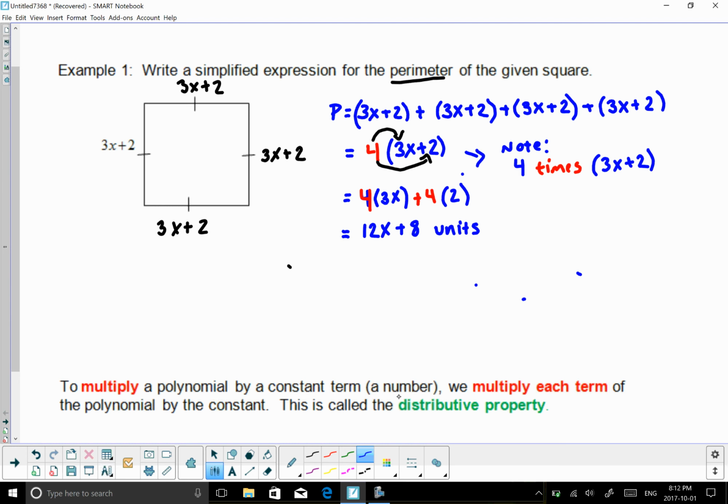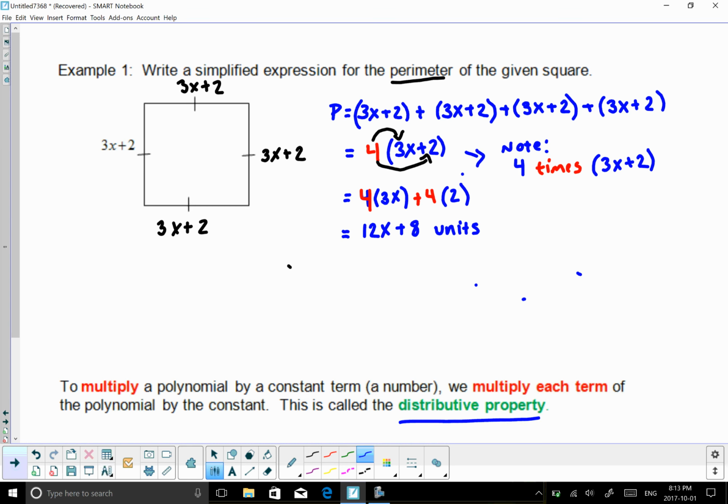A constant is just a number. We multiply each term of the polynomial by the constant. So this is my polynomial, 3x plus 2, and we'll multiply the number, which is called our constant term, by each term. So 4 times the 3x and 4 times the 2. This is what we call the distributive property.